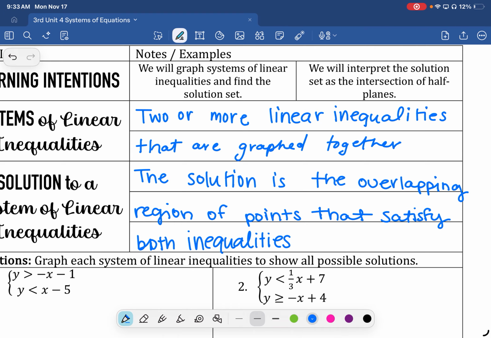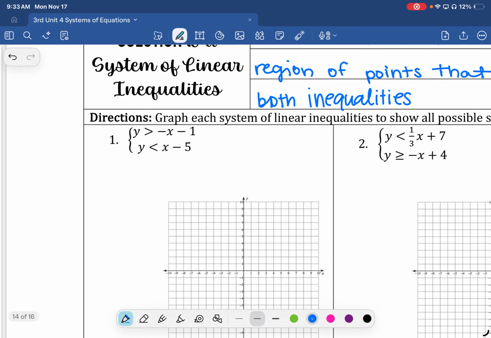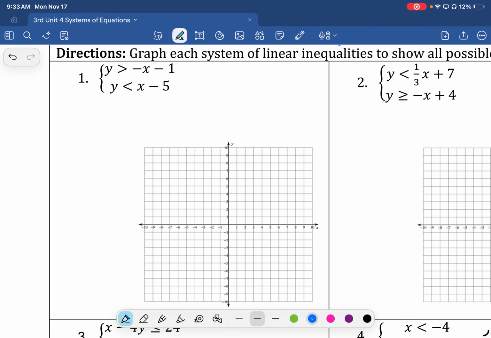So we're going to look at number 1. When we look at number 1, okay, I want you to take whatever color highlighter you're going to use first, and I want you to highlight the first equation with it. Then we're going to look at that equation and decide, is it in slope-intercept form? Yes. Okay, now, to graph that, what is our y-intercept?